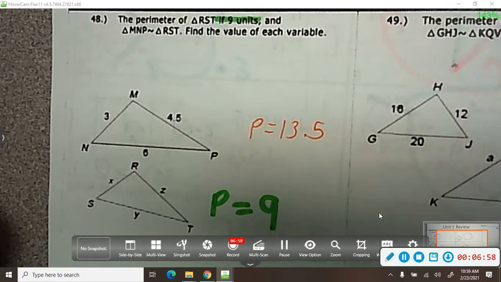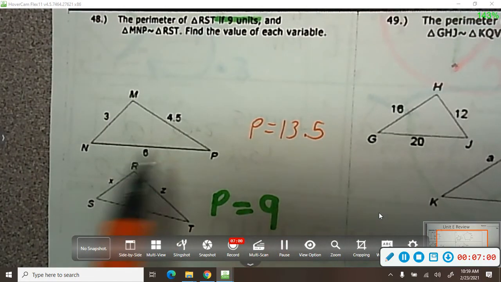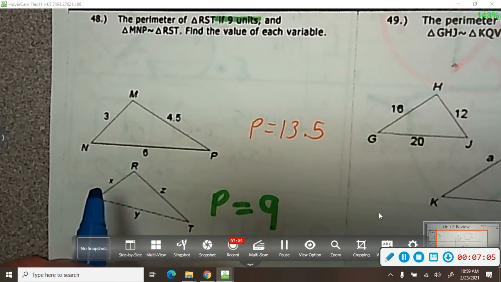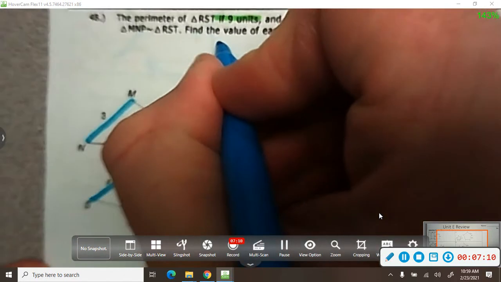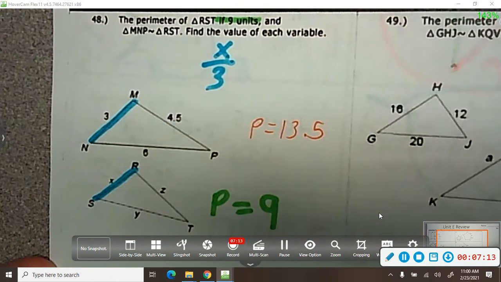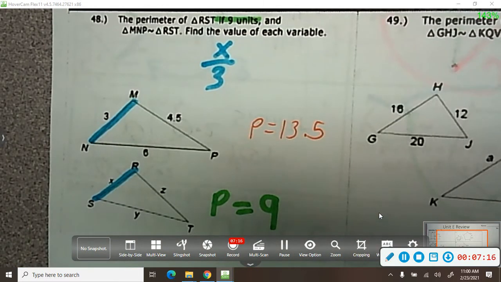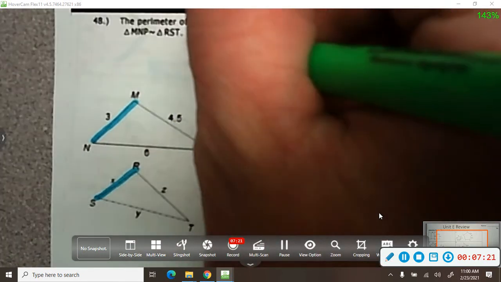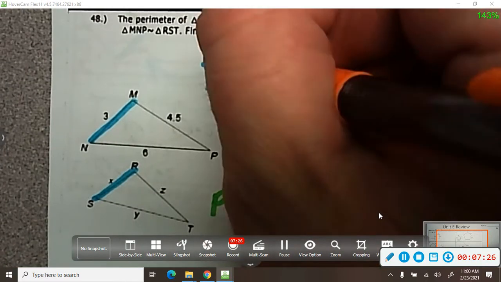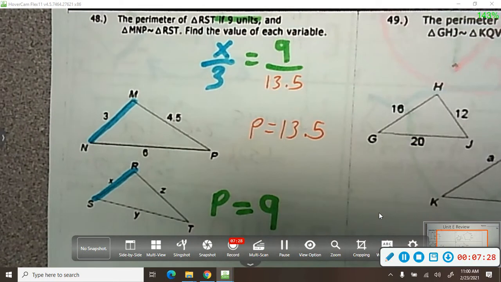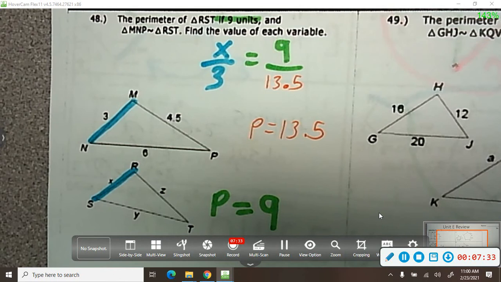So then I can use that because the perimeters are also proportional to the sides. And so what I could do is, if I want to find x first, I would say x over 3 is equal to, I went that way, so I'm going to go this way, 9 over 13.5. From there I'm going to cross multiply.